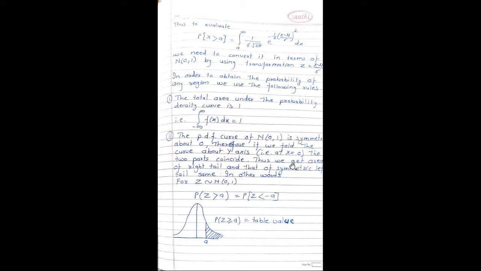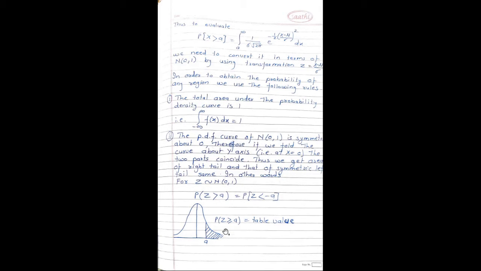Thus we get area of right tail and that of symmetric left tail same. In other words, for z following normal 0, 1, probability z greater than a is equivalent to probability z less than minus a.